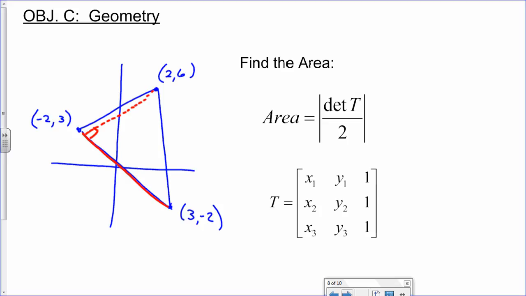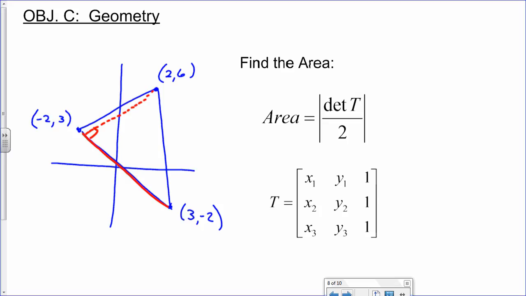So all I do is I plug in my ordered pairs, my coordinates. It doesn't matter which one you choose to be x1, y1, x2, y2, x3, y3. So you write your ordered pairs. But to find a determinant, you need a square matrix. So you have to make this extra column of ones.